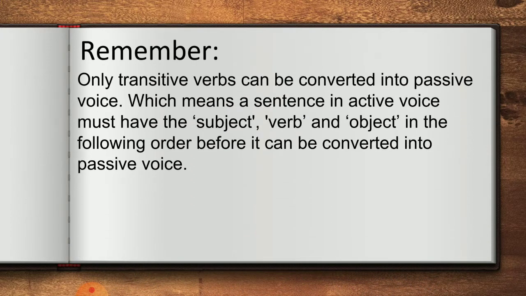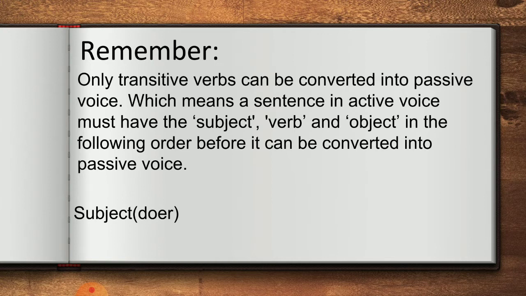Now, this is something which you need to remember. It is very important. Only transitive verbs can be converted into passive voice, which means a sentence in active voice must have the subject, verb, and object in the following order before it can be converted into passive voice.